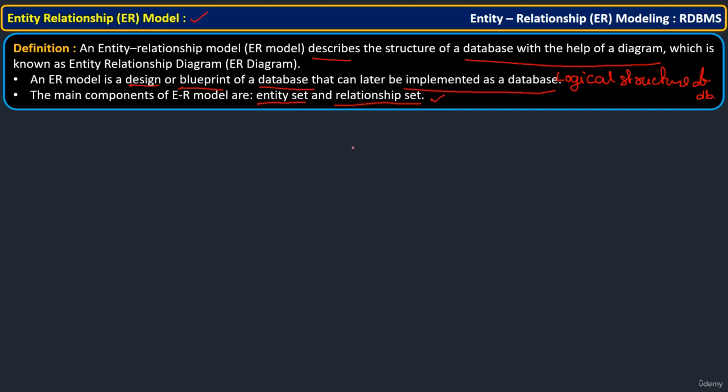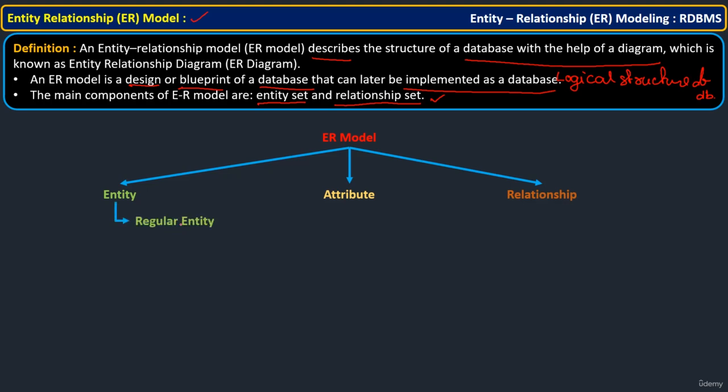Overall, in this chapter, the main thing we are going to study is the ER model. Under the ER model, the main three categories are entity, attribute, and relationship. Under the entity, we are going to see the regular entity or strong entity, and another one is the weak entity.